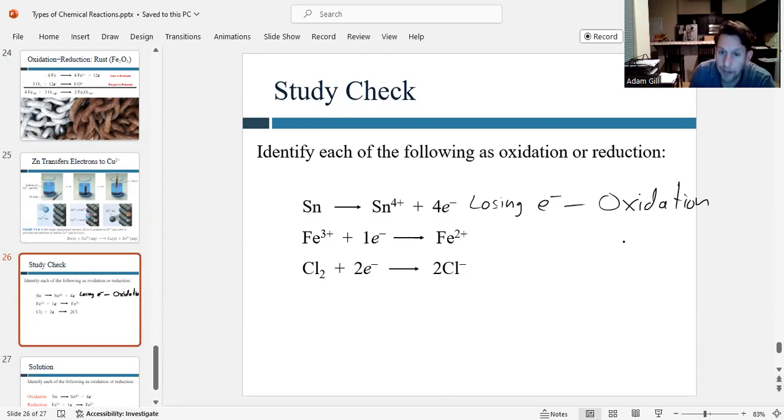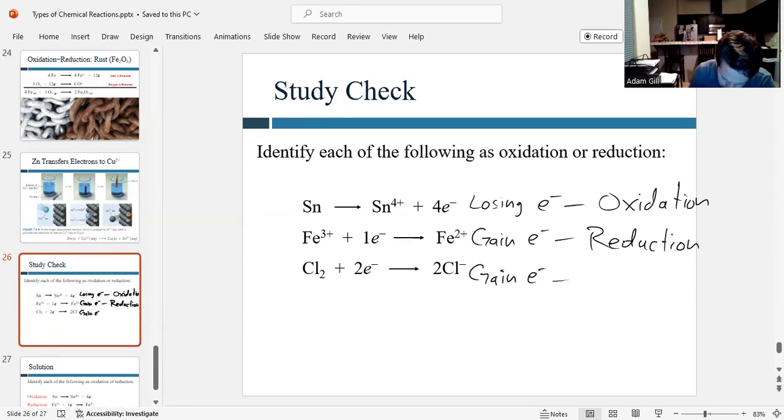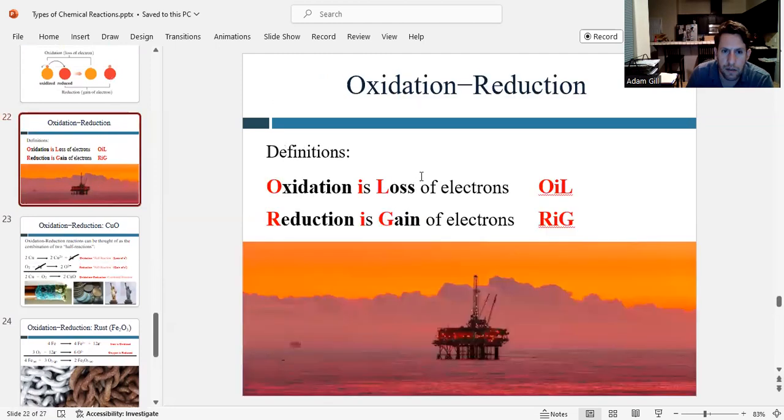Here, the iron 3+ is gaining an electron, and so that's going to be reduction. And here the chlorine is gaining an electron, so that's also going to be reduction. So remember, oxidation is loss, reduction is gain.